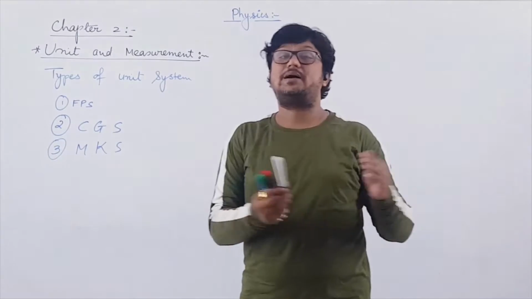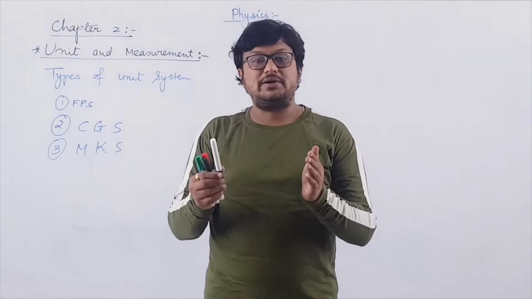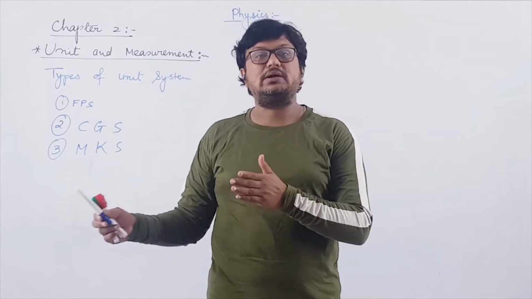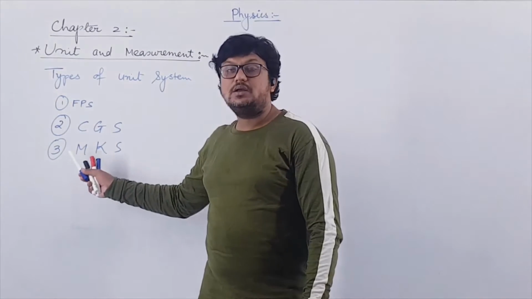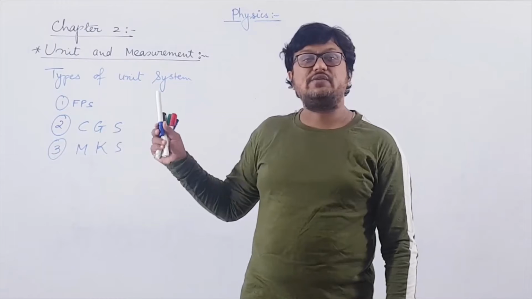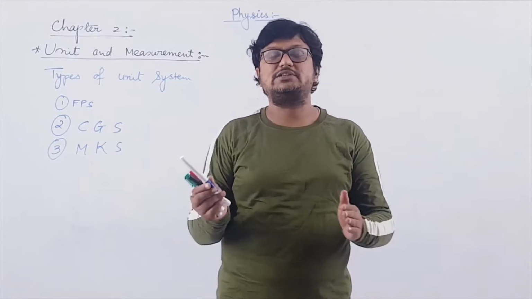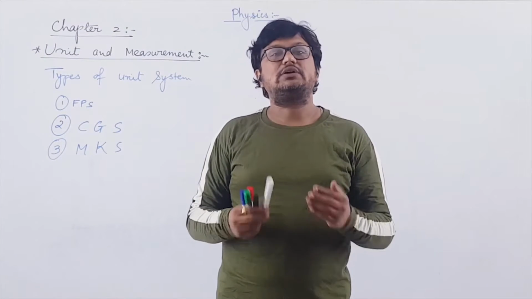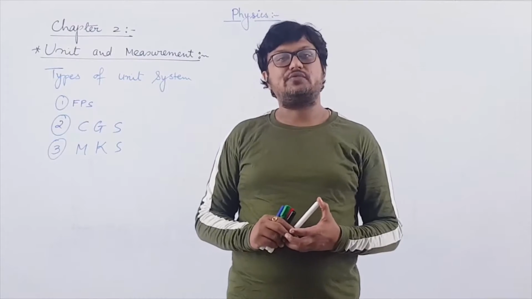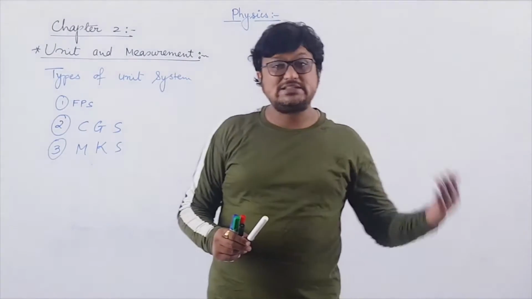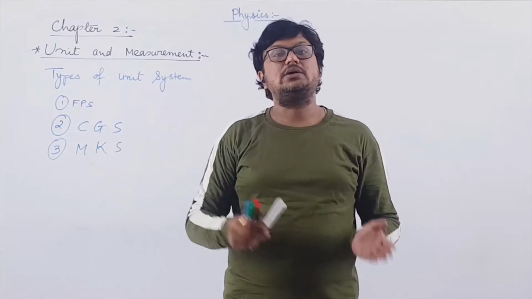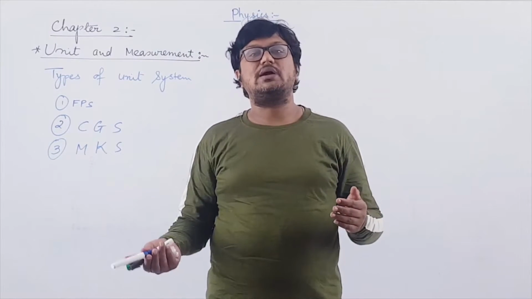Remember, M is not for mass, M is for the physical quantity length, and its unit is meter. K is for kilogram, measurement of mass, and S is for second, measurement of time. We still use this system because it is quite easy for us to convert meter into centimeter, gram into kilogram, and so on.